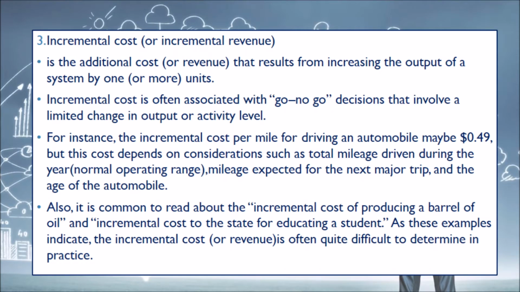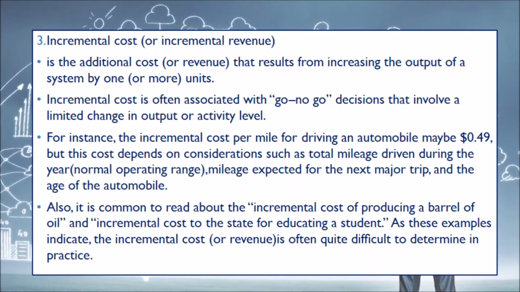Incremental cost. Incremental cost is the additional cost that results from increasing the output of a system by one or more units. Incremental cost is often associated with go-no-go decisions that involve a limited change in output or activity level.